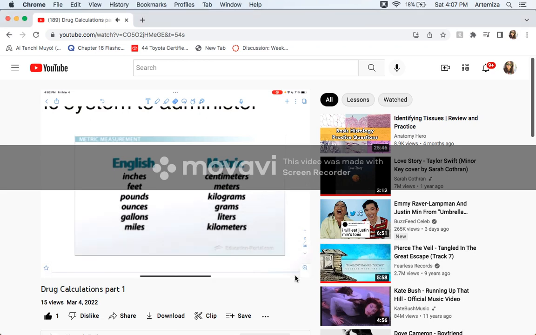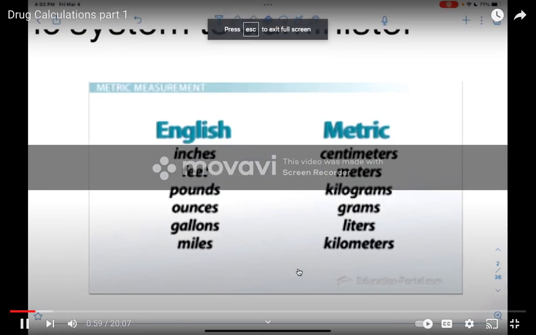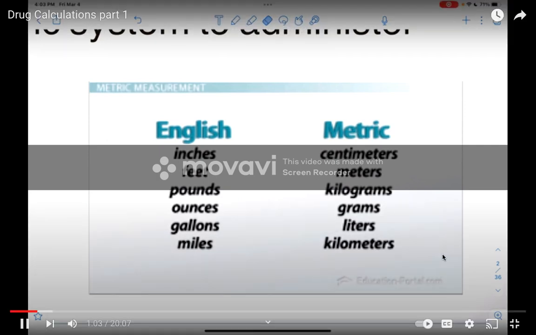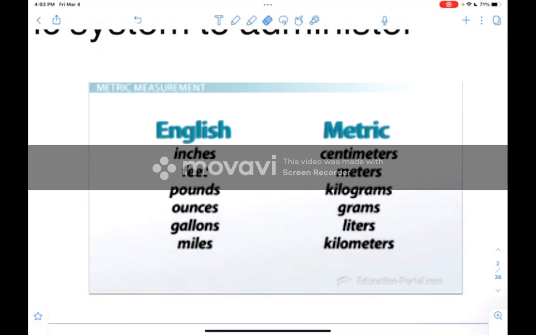So we are used to measuring things in inches or feet as far as size and length. And the metric equivalent would be meters and centimeters. We're used to weighing solid objects in ounces and pounds. And in the metric system, we weigh in grams and kilograms.